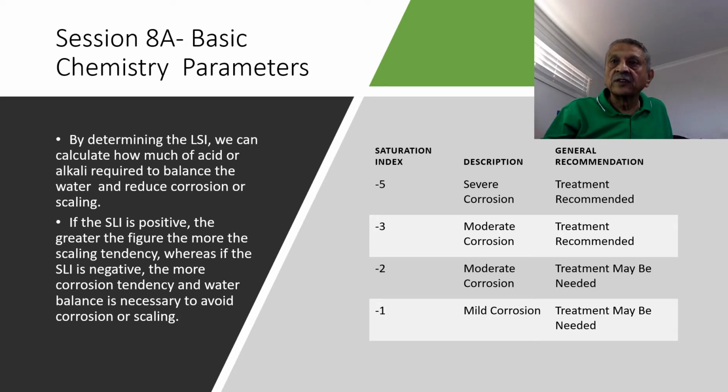And -2 is moderate corrosion and treatment may be needed. And -1 stands for mild corrosion, and we just have to keep watch. Ideally, LSI 0 is the best.